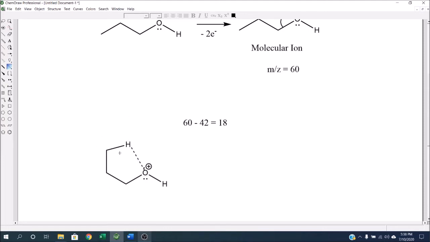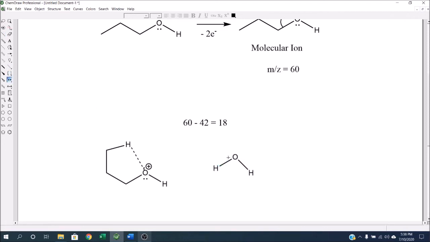Then the oxygen has a tendency to take this hydrogen and leave as a water. The molar mass of water is 18. There's an oxygen and 2 hydrogens, so H2O has a molar mass of 18.